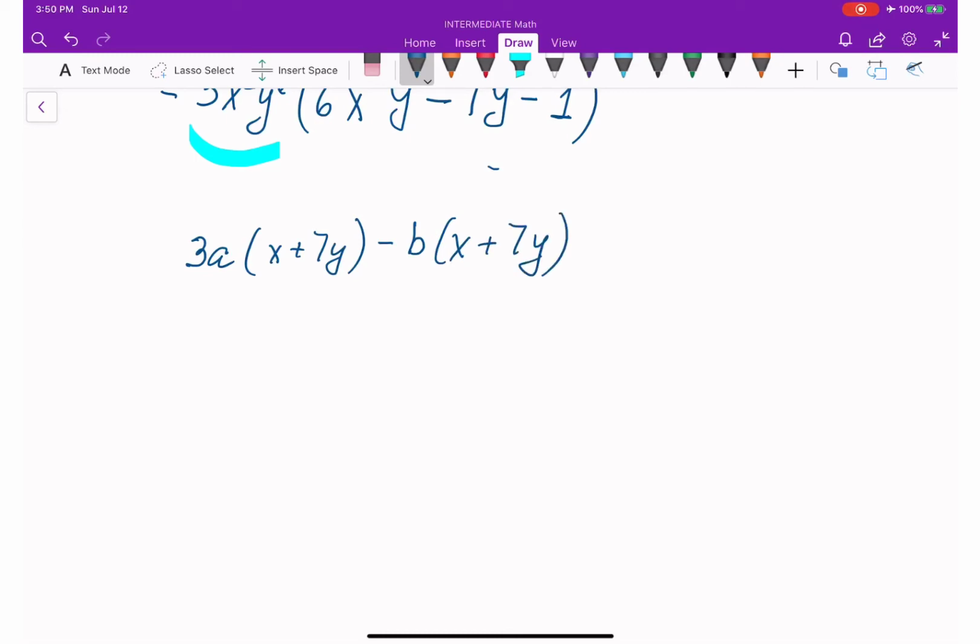So first of all, let's mark down. We said the terms are separated from each other by addition or subtraction, but not multiplication. Therefore, this is one term. This is one term. So what do they have in common?